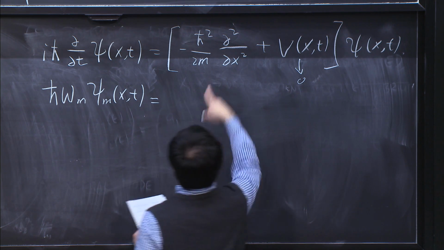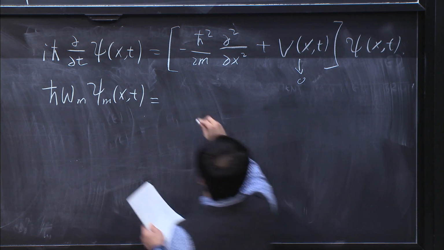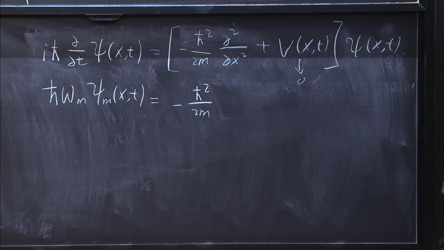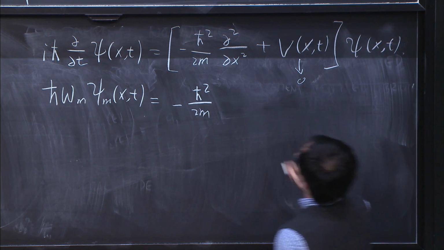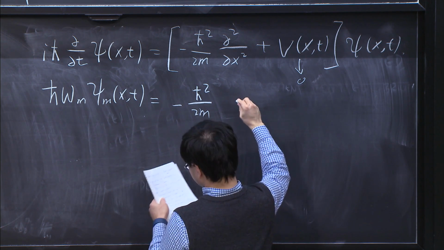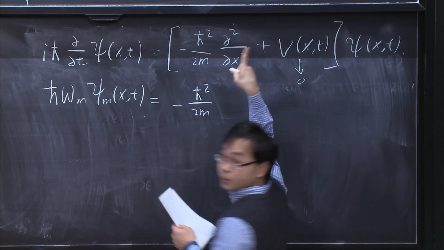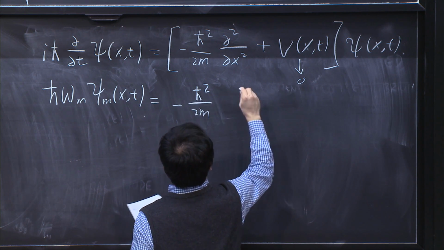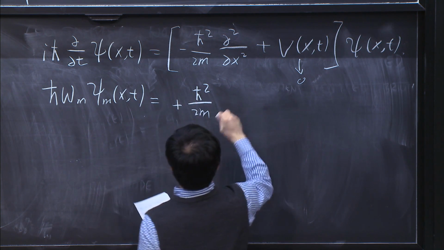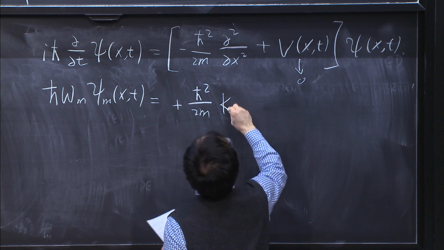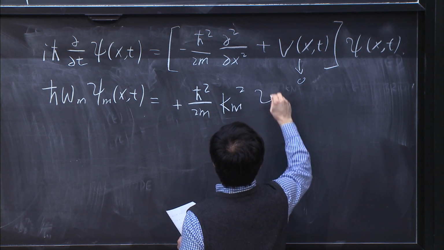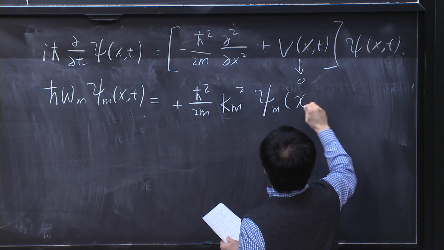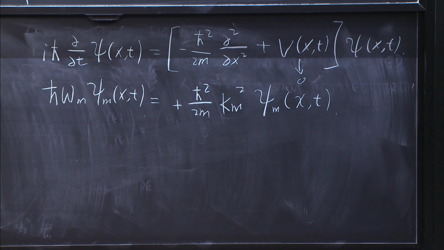And what does this term give you? It gives you minus h bar squared over 2m. I have a double derivative of x, and therefore I get basically minus k_n squared, right? Because it's sine, right? So I get minus k squared, and therefore I cancel this minus sign. I have k_n squared out of this calculation, and I still have psi_n(x,t) here.